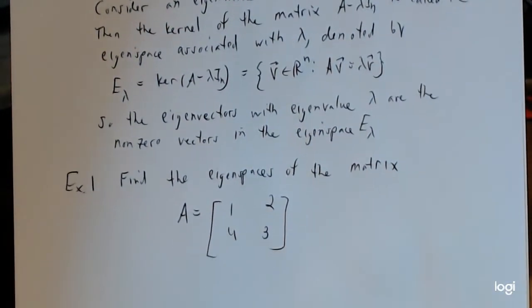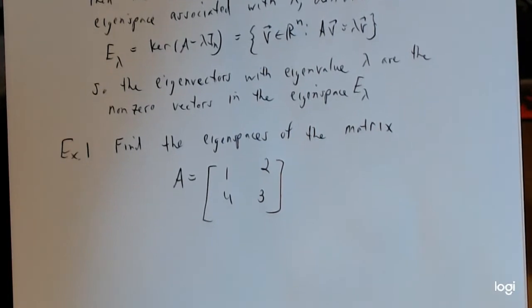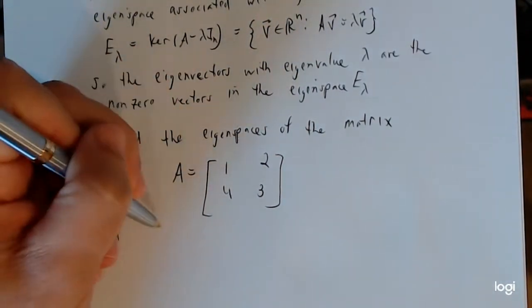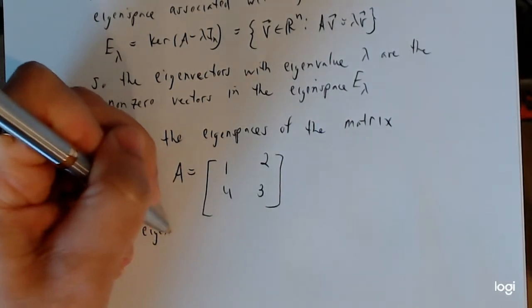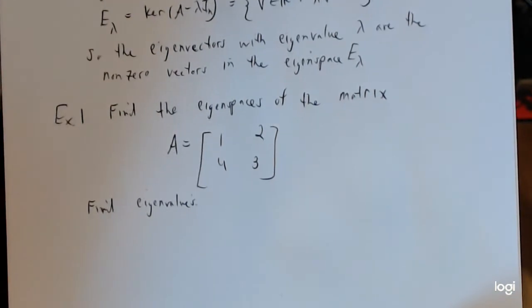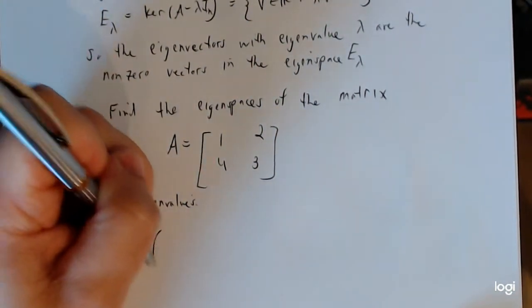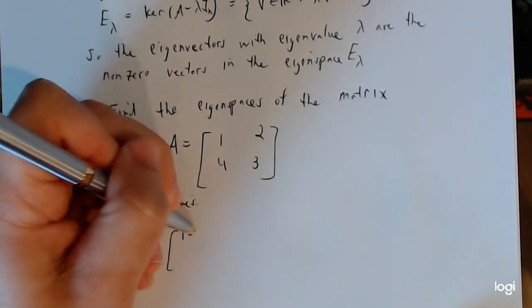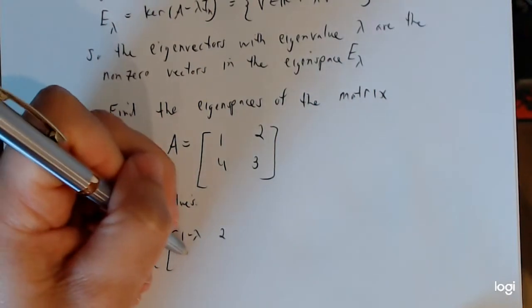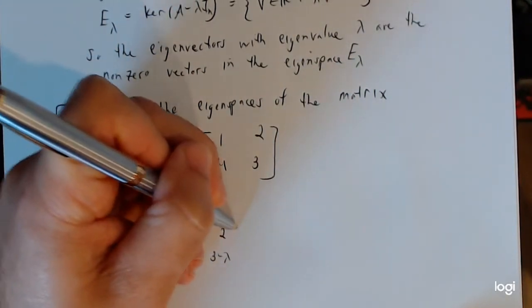To find the eigenspaces of this matrix, the first thing we need to do is find the eigenvalues. From section 2, that's the determinant of the matrix with rows 1 minus lambda, 2 and 4, 3 minus lambda.